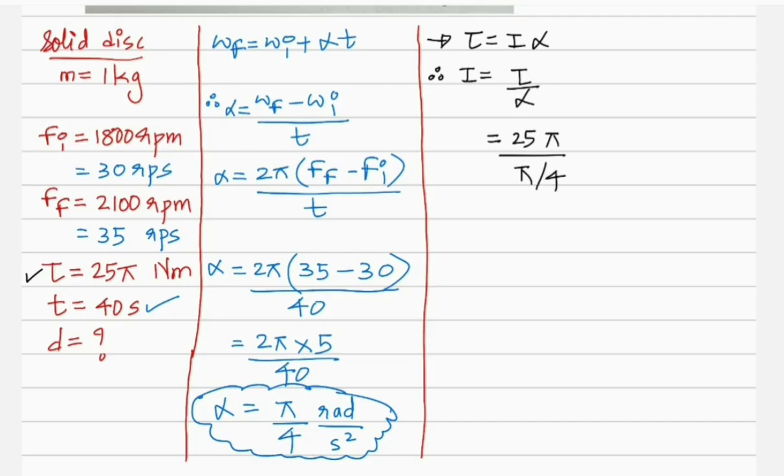Pi we can cancel out. We will get students 25 into 4, that is 100, correct? So moment of inertia I will be 100. What is the unit? Come on, kg meter square. Getting this students? Moment of inertia 100 kg meter square.